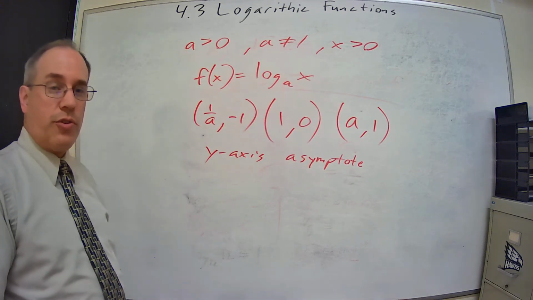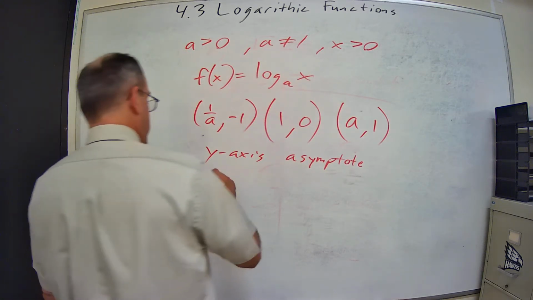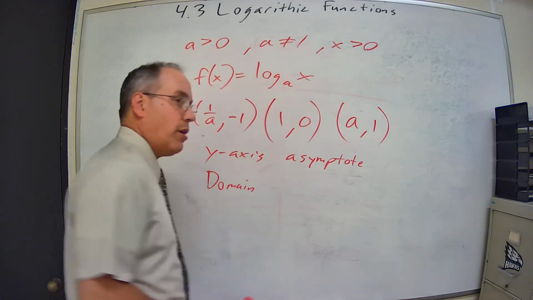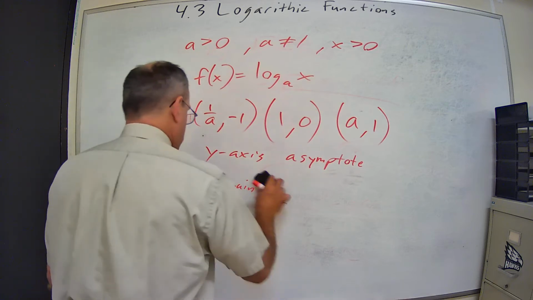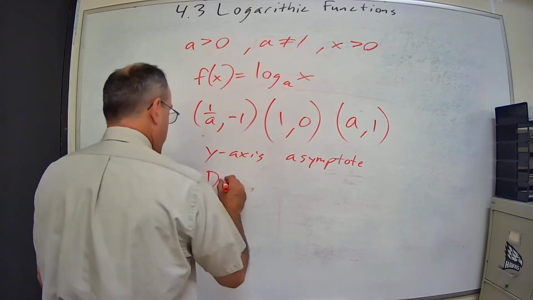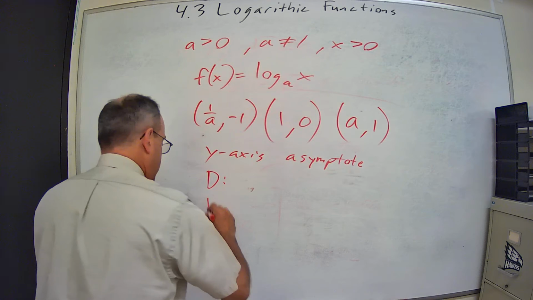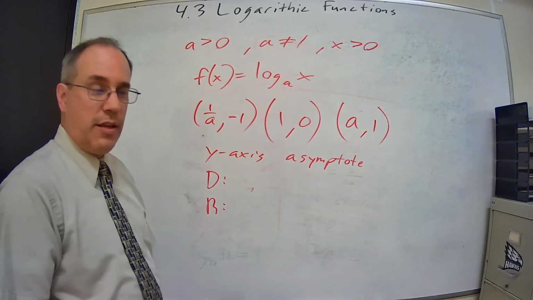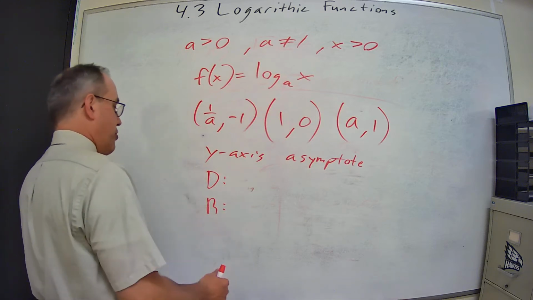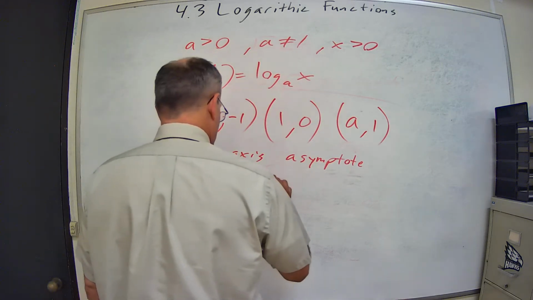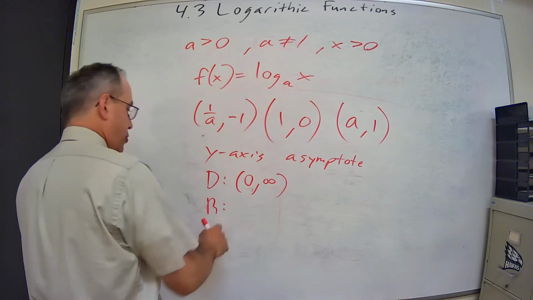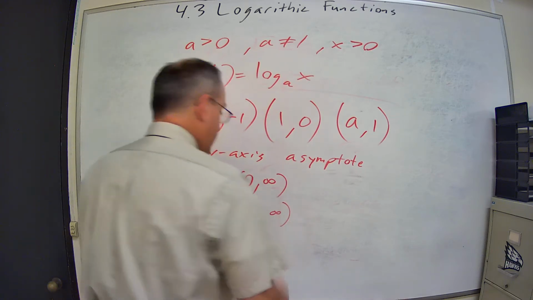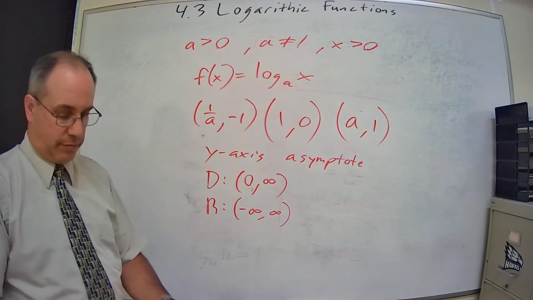And realize also that the domain and range will now change. So the domain, if you remember for exponential functions, the domain was all real numbers, and the range was from 0 exclusive to infinity. So now here, the domain will be from 0 to infinity, and the range will be from -infinity to infinity, all real numbers.